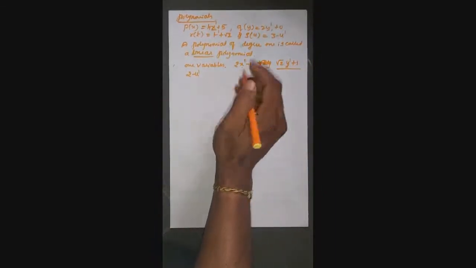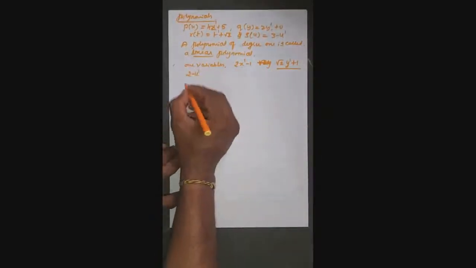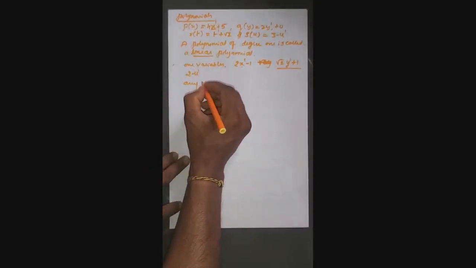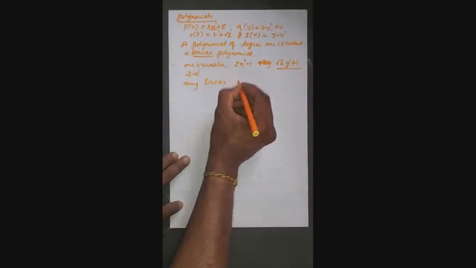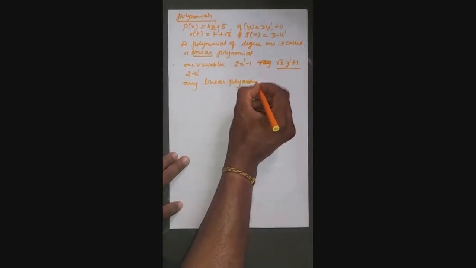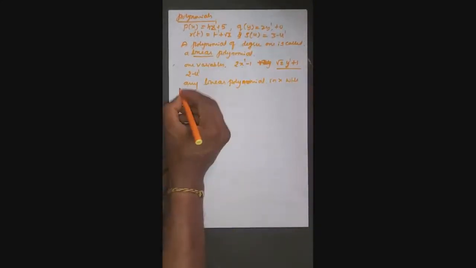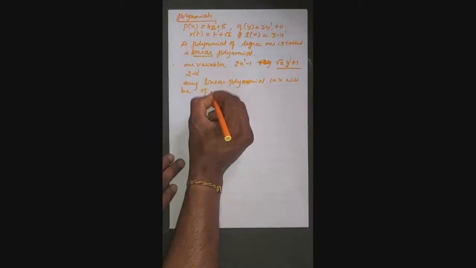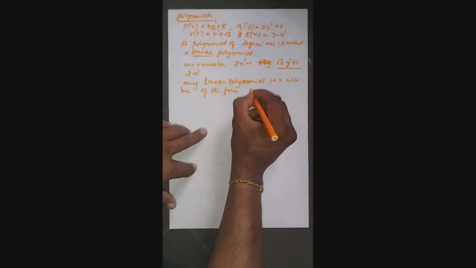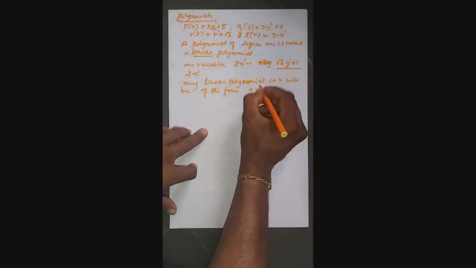Okay, and so any linear polynomial in x will be of the form ax plus b. We got here, right? How many terms? 2 terms.